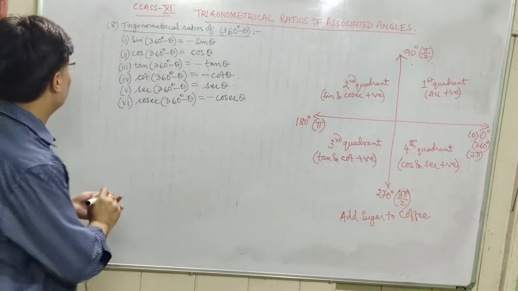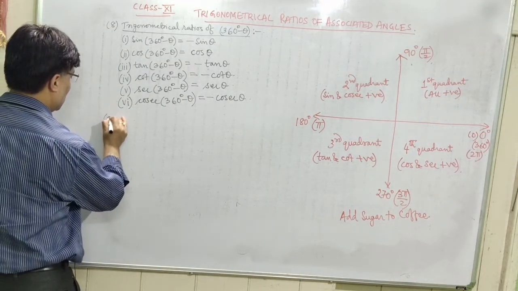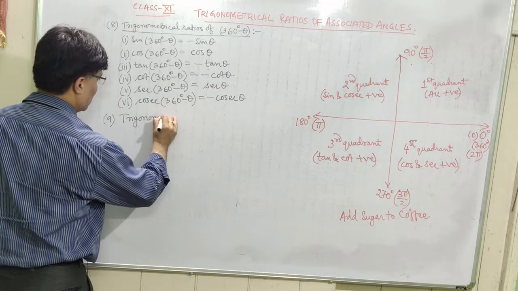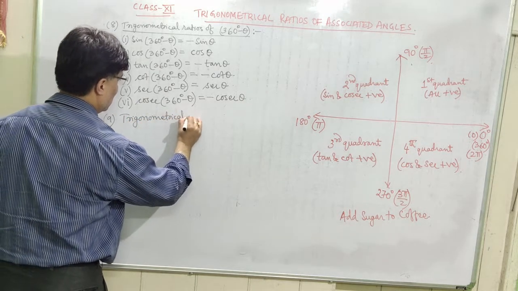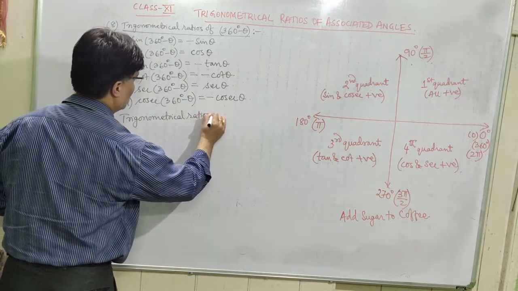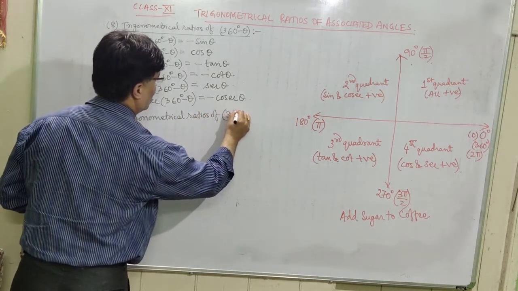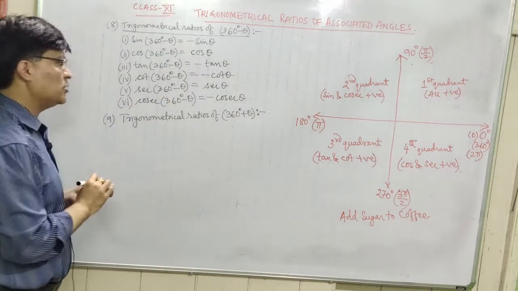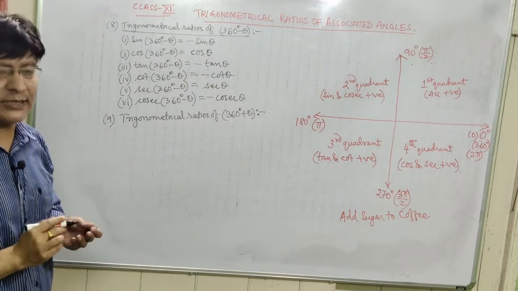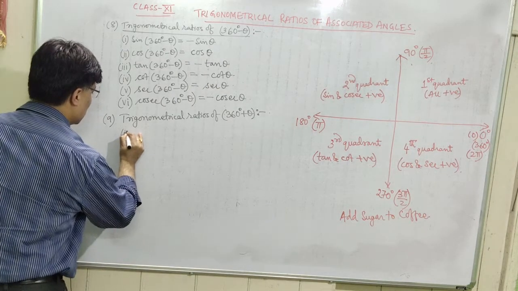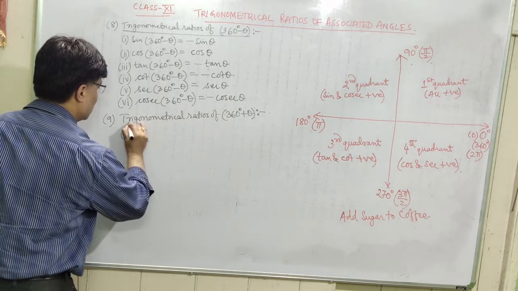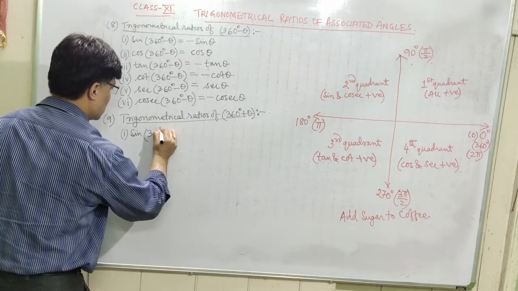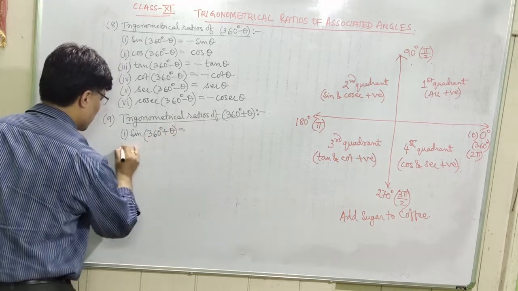So in number 9, let us write down. Number 9 is trigonometrical ratios of 360 degree plus theta. So let us write down the trigonometric ratios. Sine 360 degree plus theta.